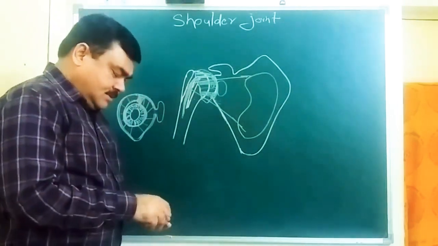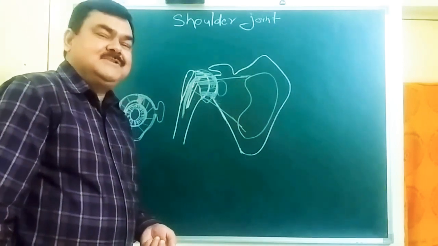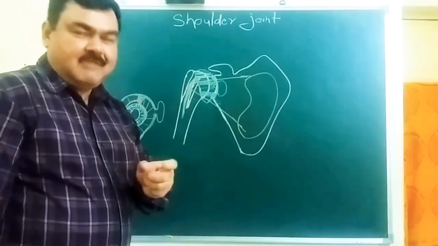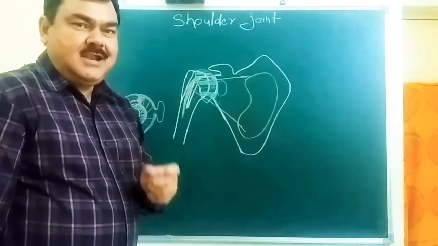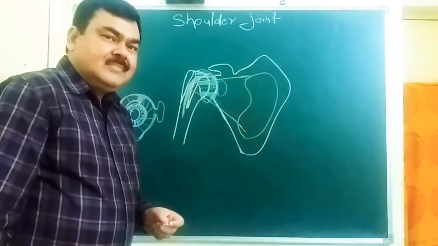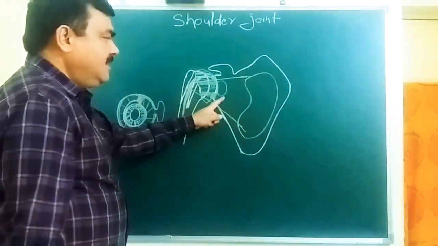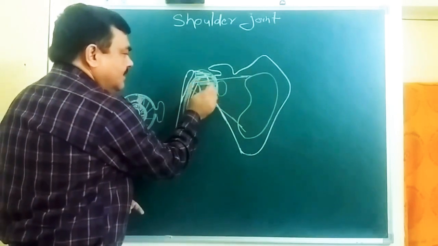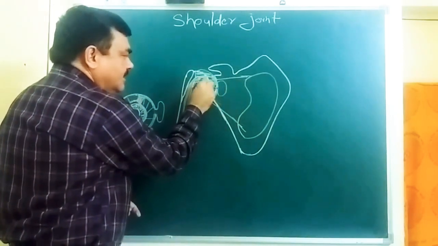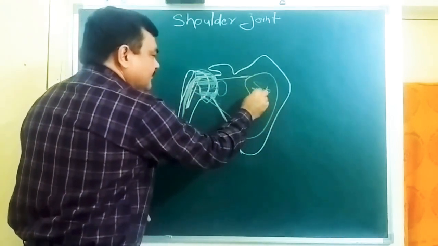And it is also surrounded by a cuff-like structure, that is the rotator cuff or musculotendinous cuff, which is formed by tendons of 4 muscles. Anteriorly, the flattened tendon of this muscle crosses this joint, this is subscapularis muscle.